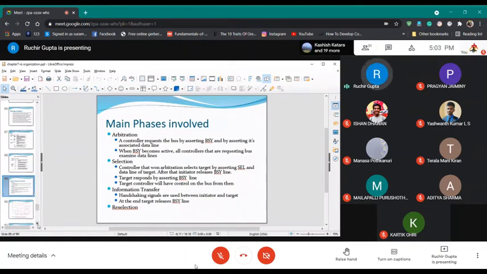So now let's talk about the main phases involved in a SCSI transfer. So one is arbitration. We'll talk about arbitration after some time, but the only idea is if more than one controller requests the bus, how to resolve that. So whenever a transfer has to happen, if required, the arbitration phase will take place. And then selection.